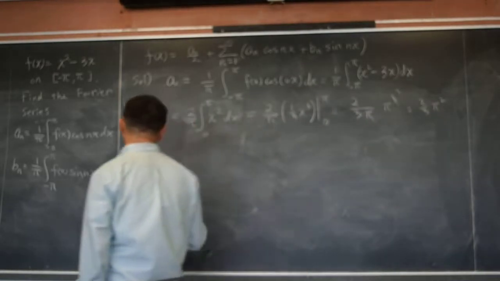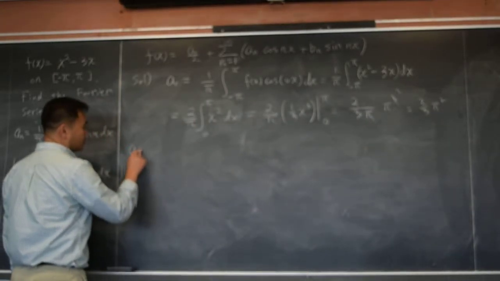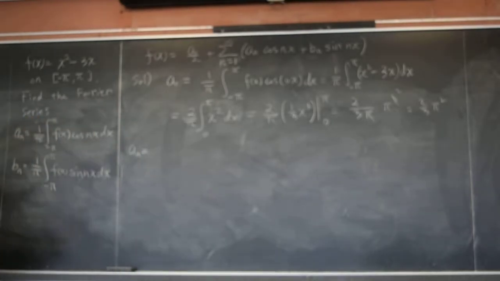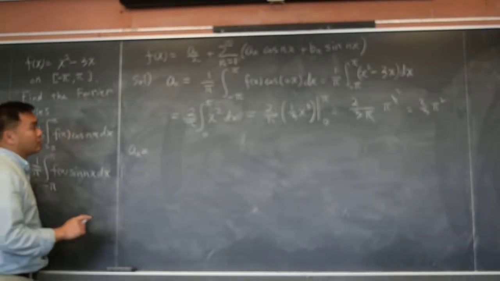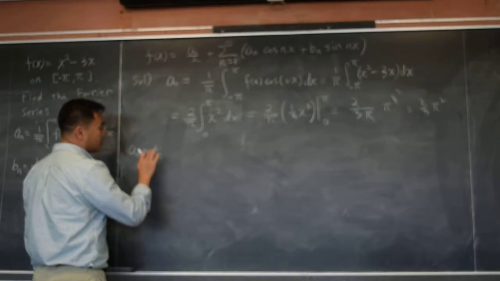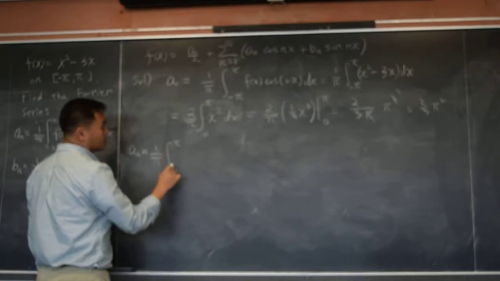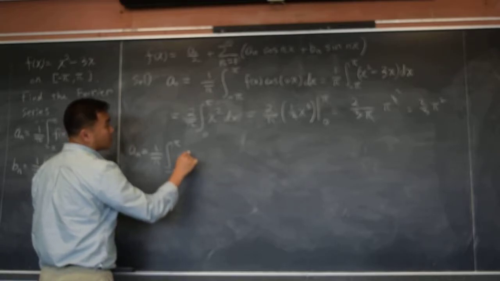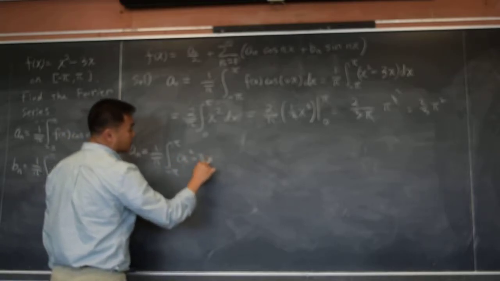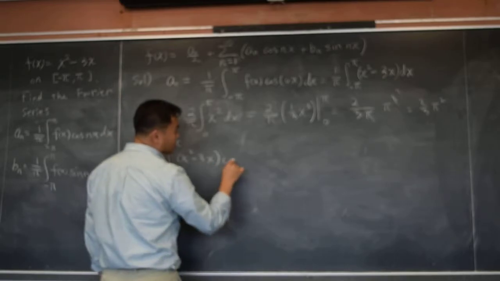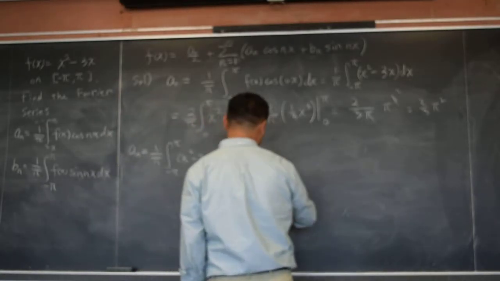Okay, now let's go for An. For An, 1 over pi, integral from negative pi to pi, of x squared minus 3x times cosine nx.